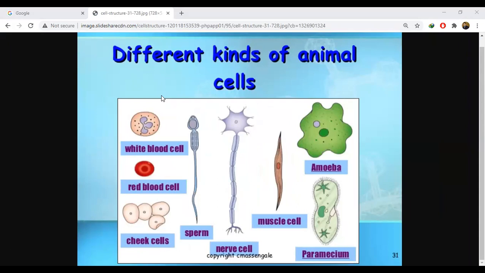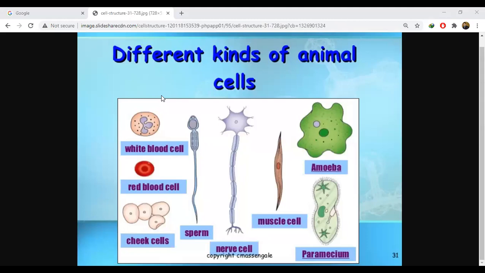Are their shapes different? Are all of them in the same size? No.